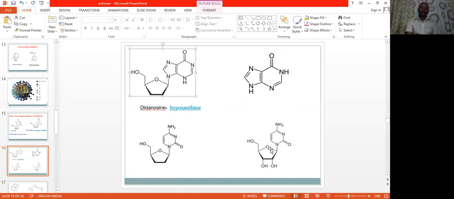And here these two structures, if you see, here is deoxythymidine. First you write this didanosine. If you have written that, please raise your hand.